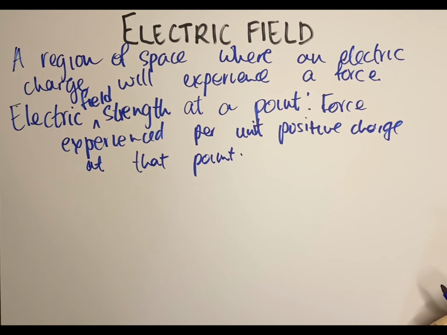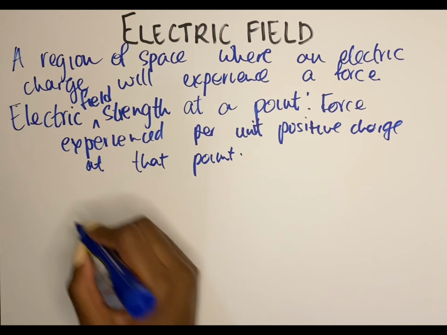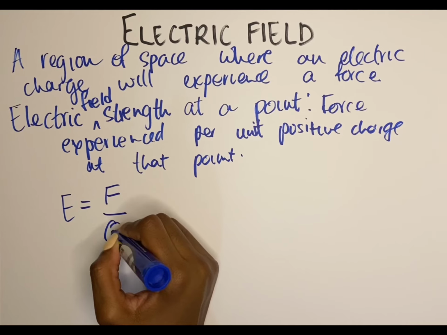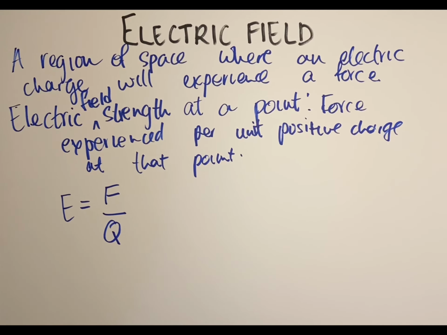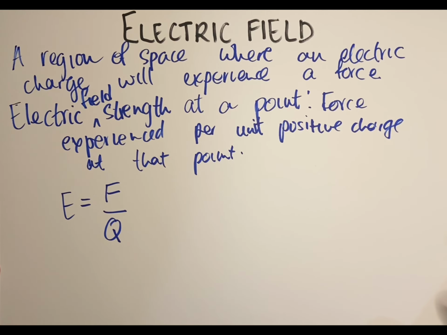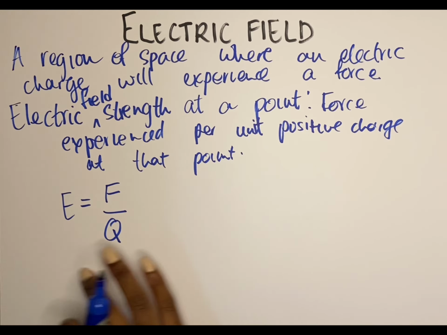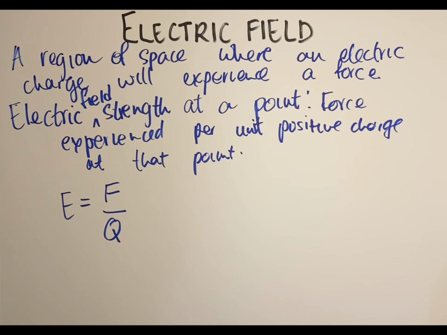Electric field is the force experienced per unit positive test charge at that point. So that's the electric field strength at a point, right? You can quantify the strength of the electric field using either one of these two equations.